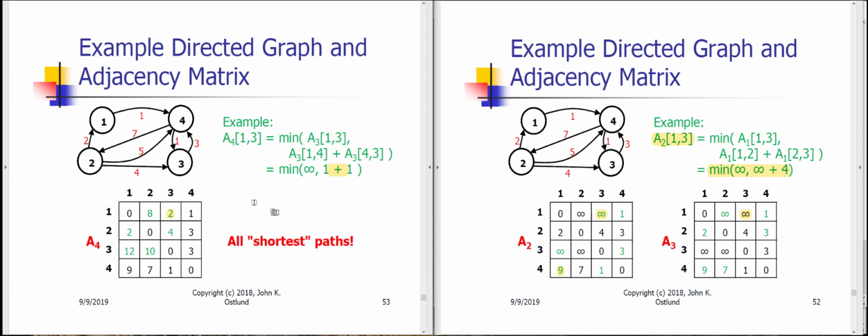Okay, so because this graph is a single connected component, it turns out that in A sub 4, we don't have any infinities remaining.